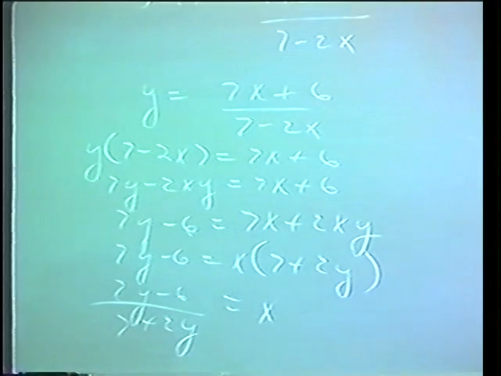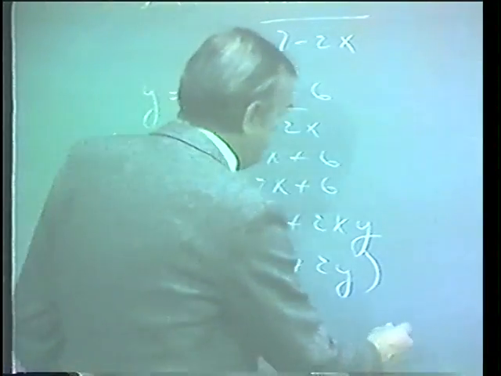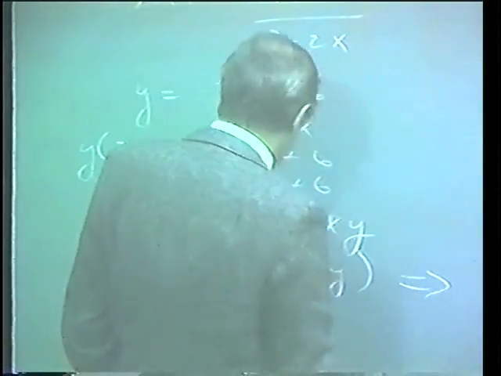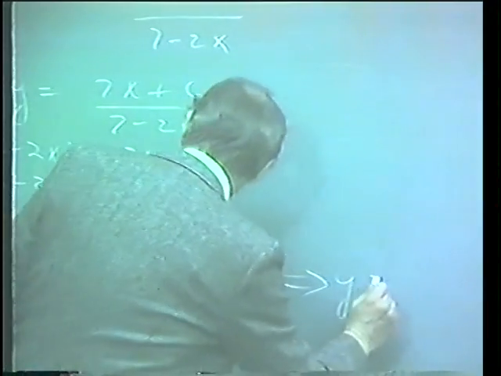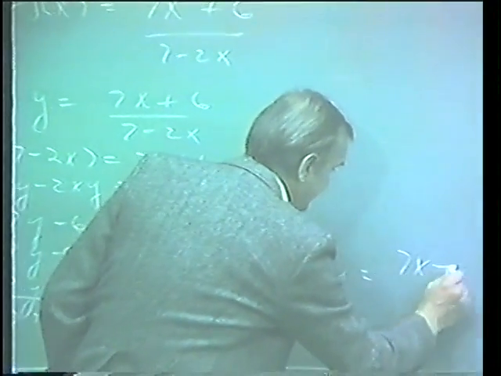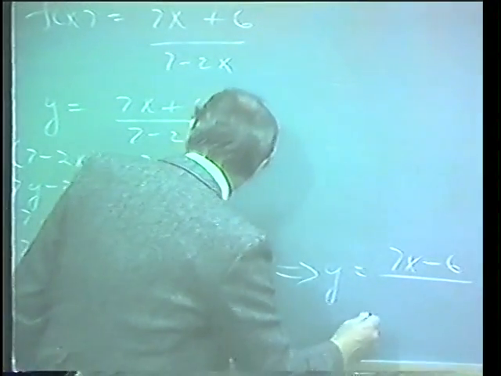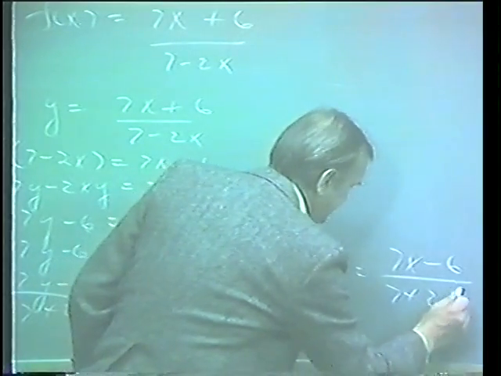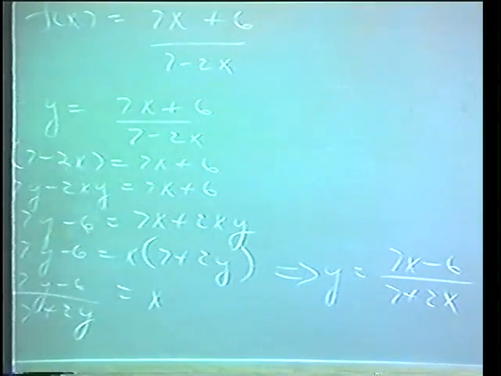Now we want to find the inverse. Well, we get the inverse by interchanging the domain and range. That means for every place I have an x, put in y, and for every place I have a y, put in x. So if I do that, I get y is equal to 7x minus 6 over 7 plus 2x. Notice we have it solved for y.